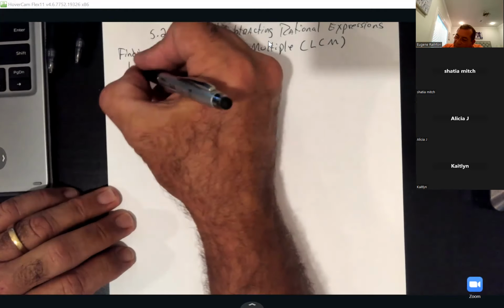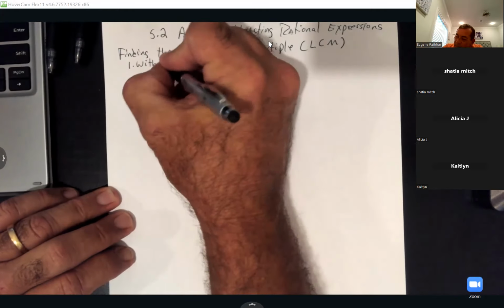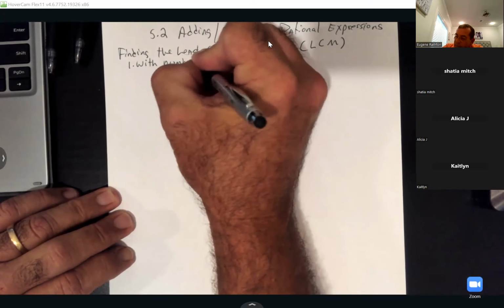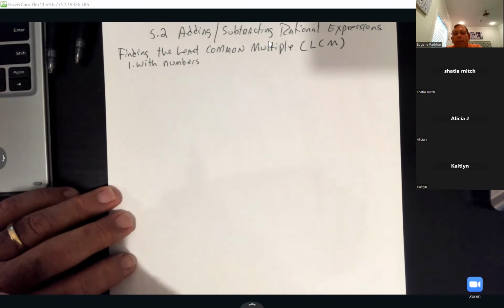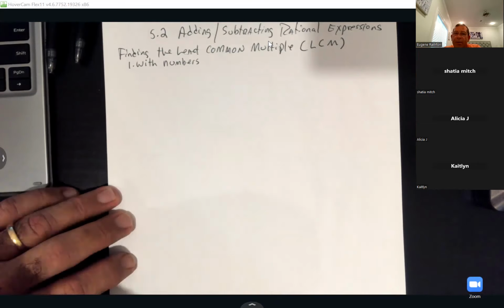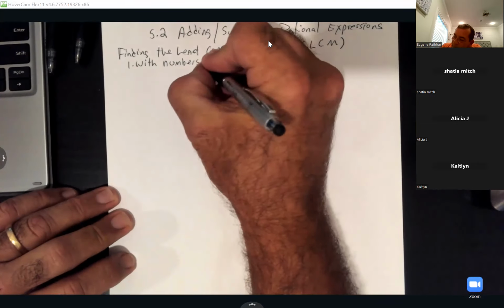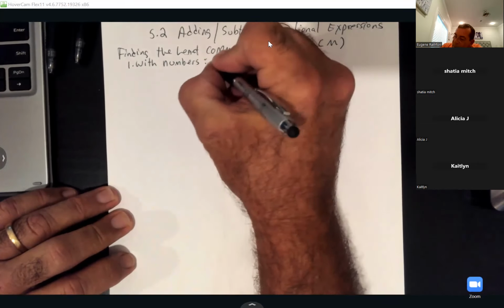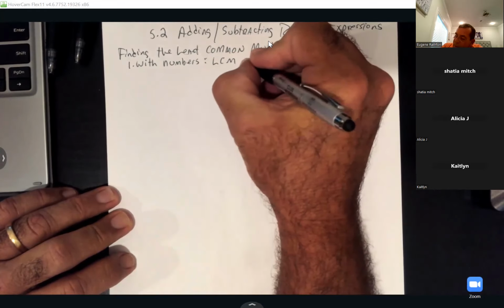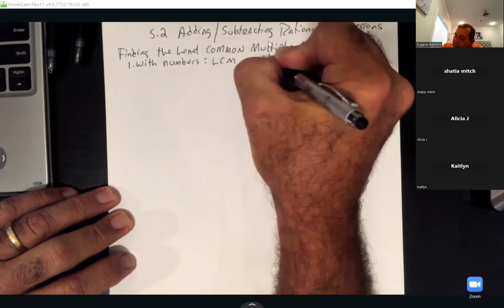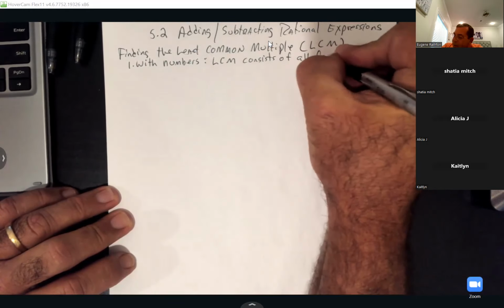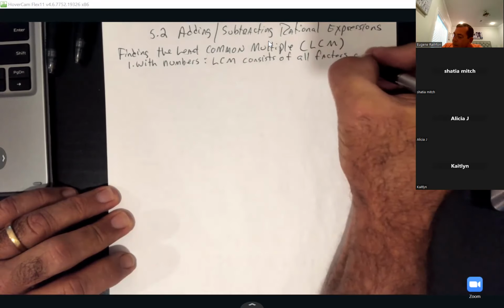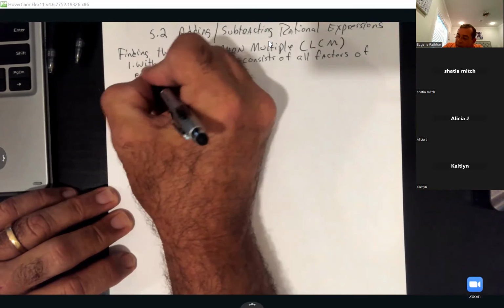So with numbers, the least common multiple consists of all factors from either number. So let's write that. Least common multiple consists of all factors of each number.